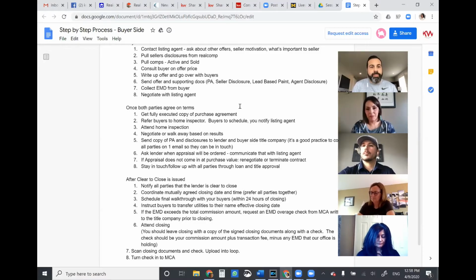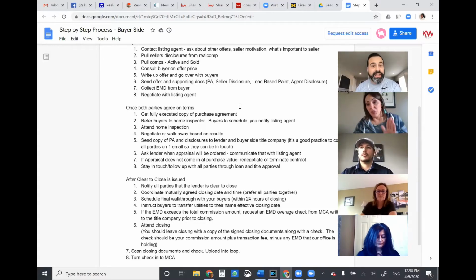So if you're the buyer's agent and you say, great, your sellers will accept $250, please, listing agent, mark up the PA. Cross 245 out, write 250, have your seller sign and send it back to me ASAP. That puts the seller's signatures on it, putting the ball back in your court for your buyers to acknowledge.